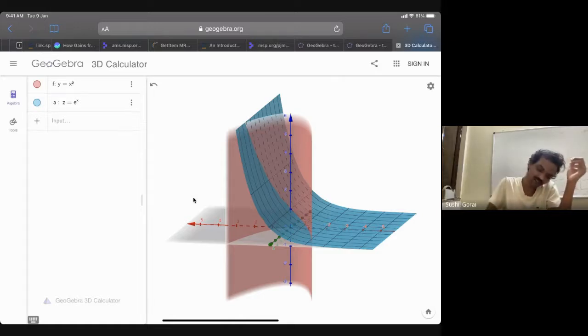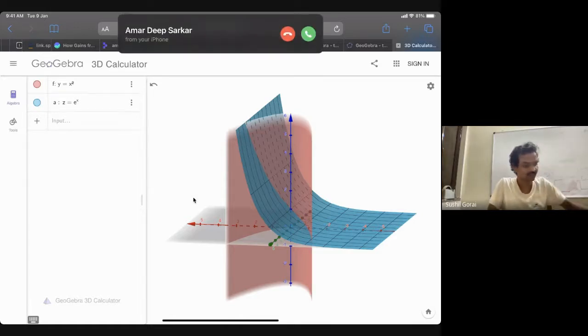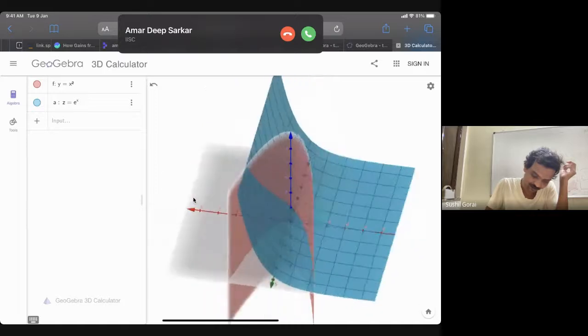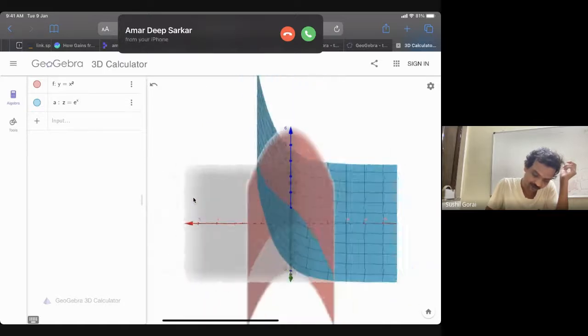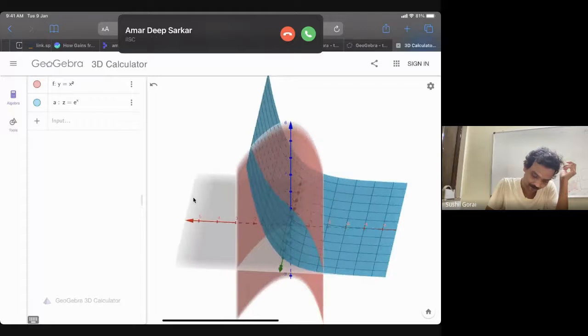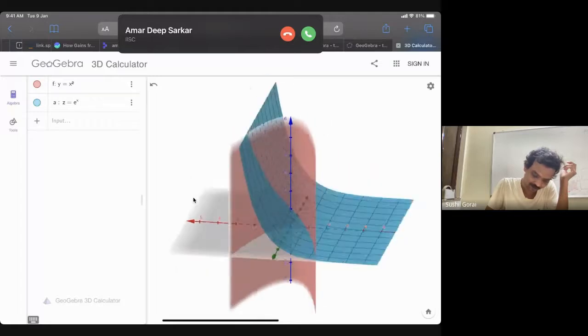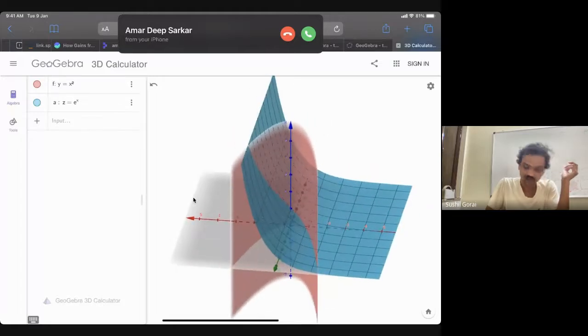You see here, you are looking at just the exponential graph first, and you are actually intersecting with the parabola, right? So this should be the correct way to think. You are looking at the intersection of two surfaces.